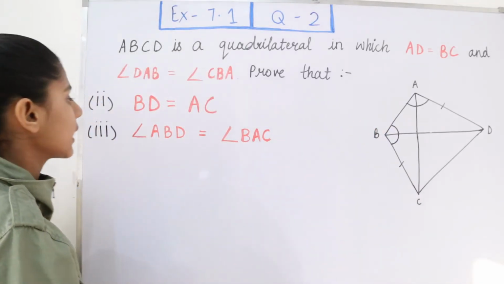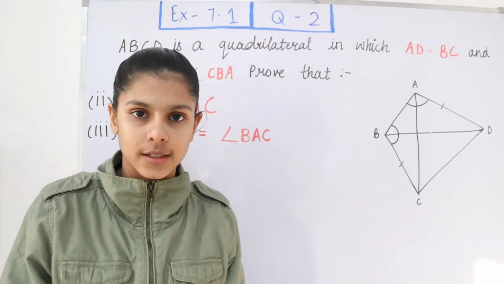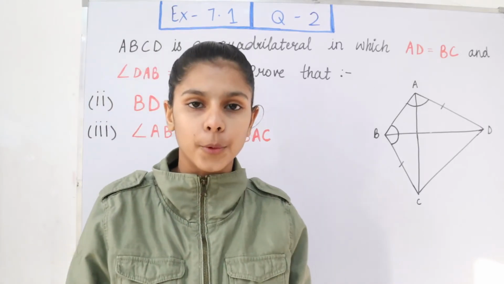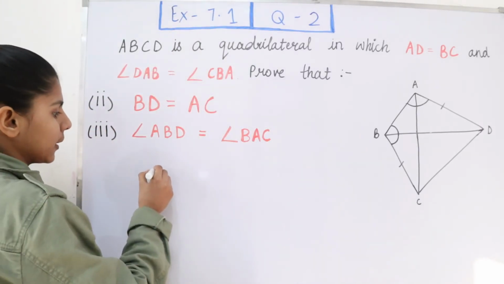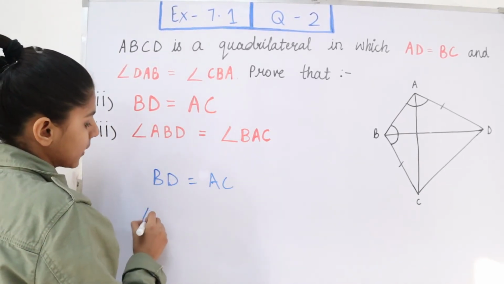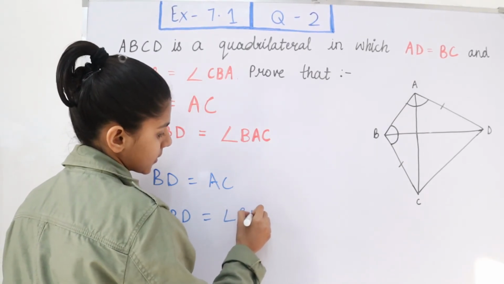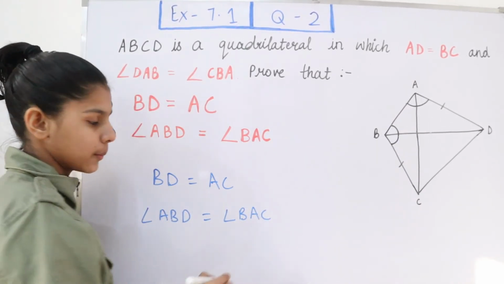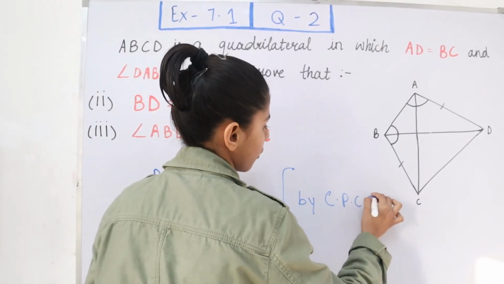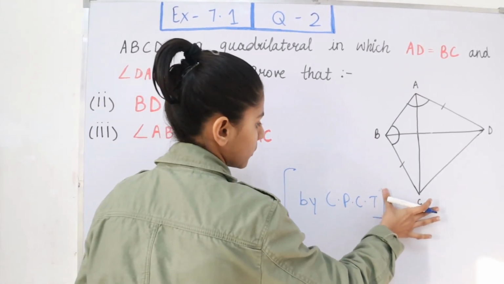So hence we can write that angle ABD is equal to angle BAC also by CPCT, because they are the corresponding parts of the triangles we have proved congruent. So we can write BD is equal to AC and angle ABD is equal to angle BAC, and the reason for both will be by CPCT, corresponding parts of congruent triangles. So by CPCT they are equal.